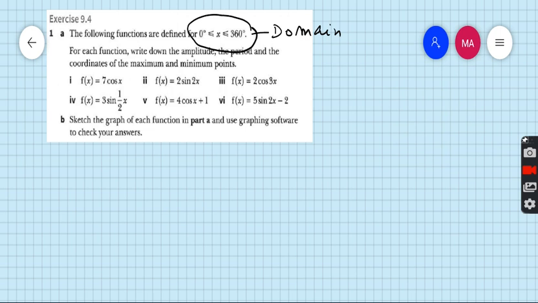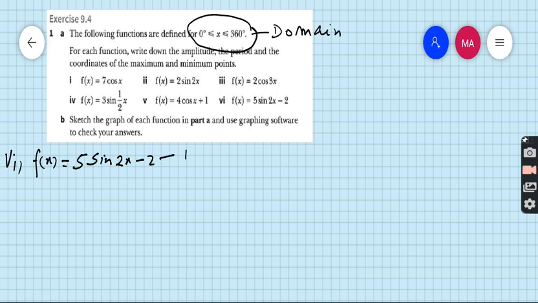The last part is part number 6, very interesting part. fx is equals to 5 sine 2x minus 2.